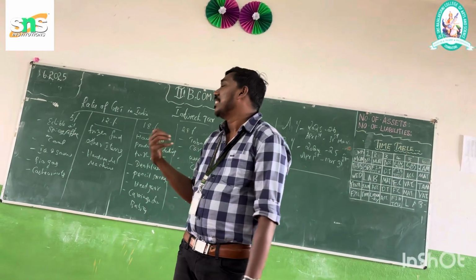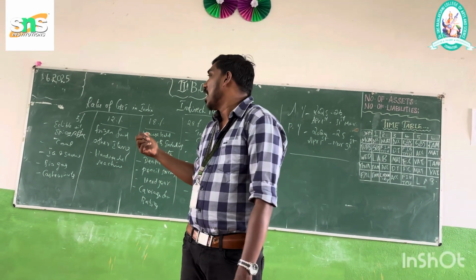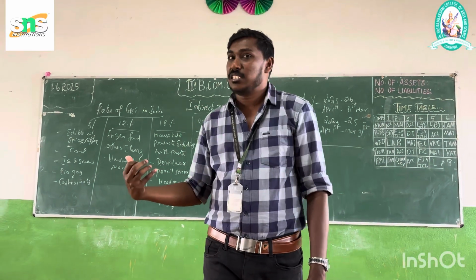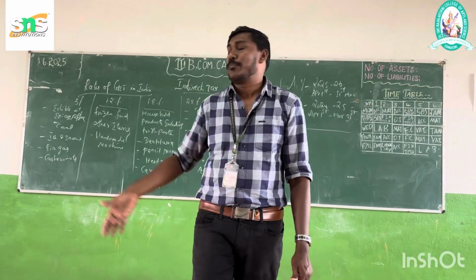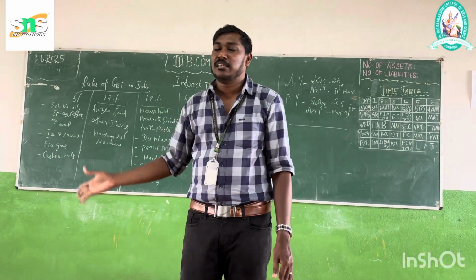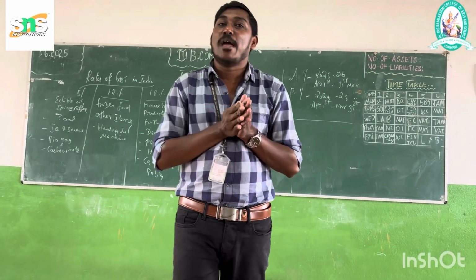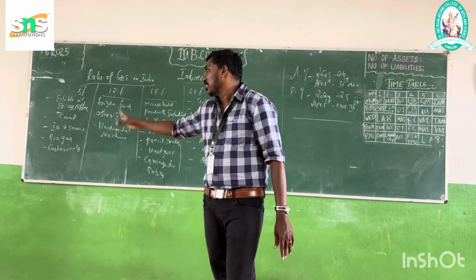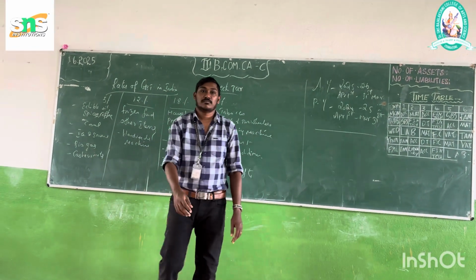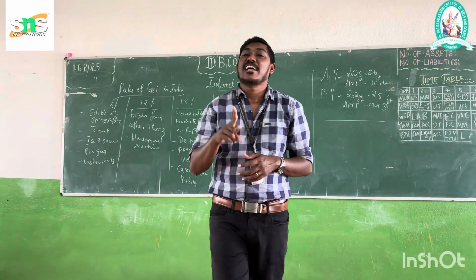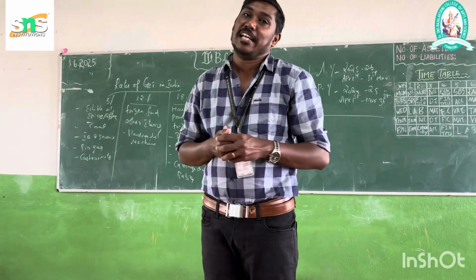And the fourth is ice and snow, biogas, cashew nuts, almond, pista, like that. For these products, if you are purchasing in India, we are paying 5% tax.